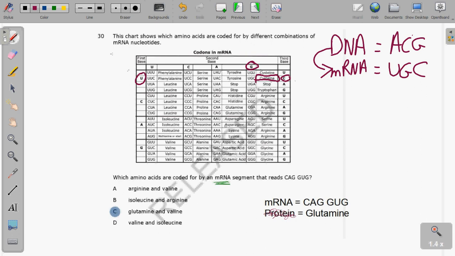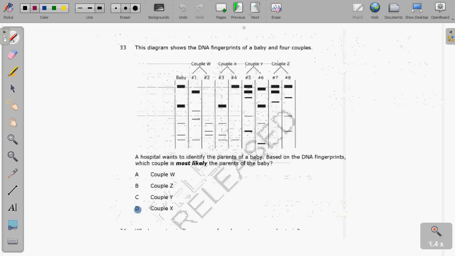And that's how you would read it. So the amino acid would be cysteine. So that's how you read those charts. And they will be on the EOC. I guarantee it.